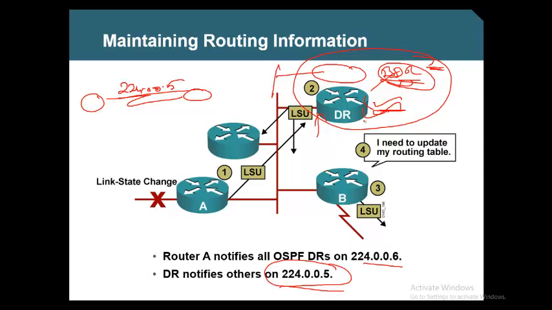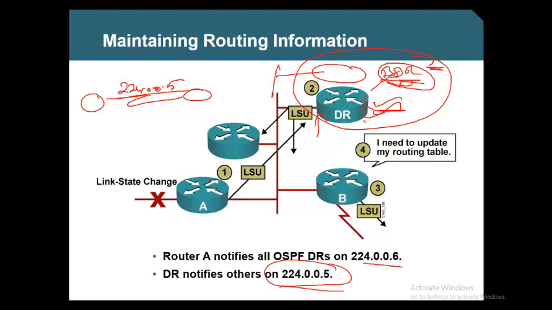Secondly, the reason we need a multicast address is that I cannot use a point-to-point address, because every time a DR goes down, there will be another DR, some other router which we really do not know now, that will get elected. So to identify that router, you don't need an IP address.